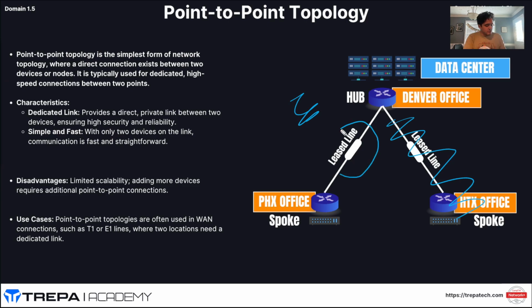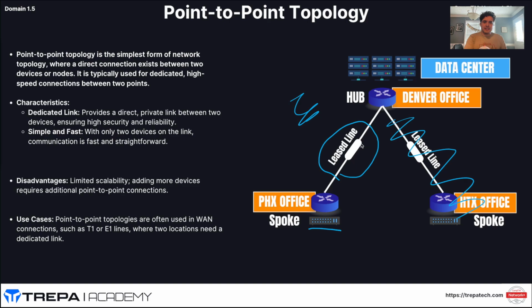What we're saying here with point-to-point is that's a leased line. That is, I am buying from my ISP, my internet provider, a dedicated circuit or dedicated line straight to this router. So even if this is a hub and spoke, the Phoenix to Denver office is still a point-to-point network from this perspective, right?